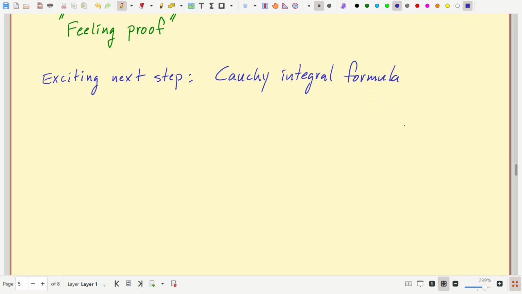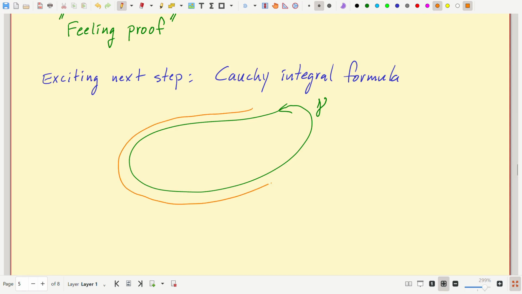And here's the picture of a Cauchy integral formula. I would have a closed contour, a simple closed curve like this, gamma. And I have a point. Once again, my f is going to be analytic inside and on. Okay, and I have a point a inside that thing.